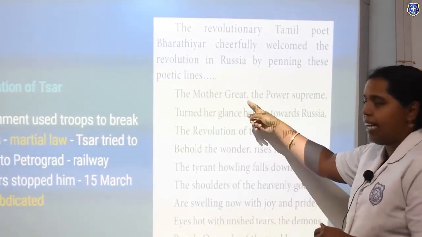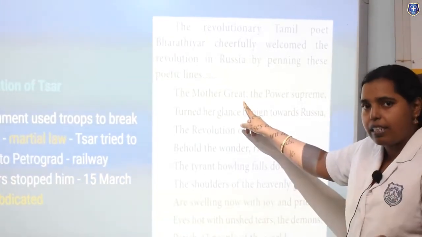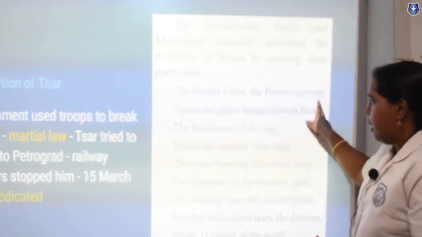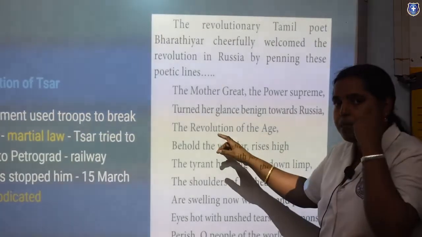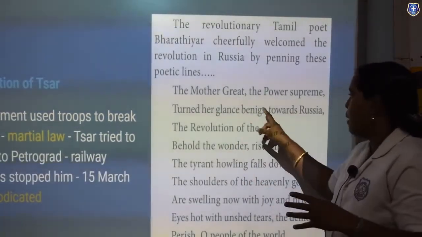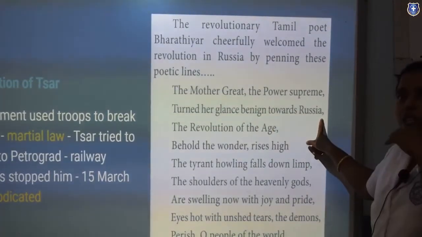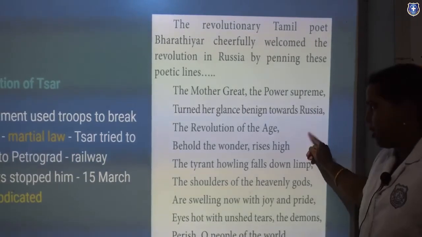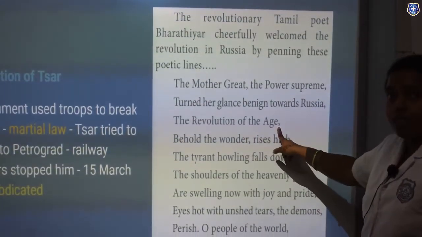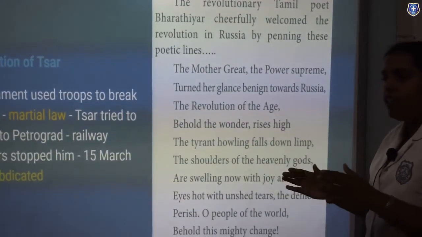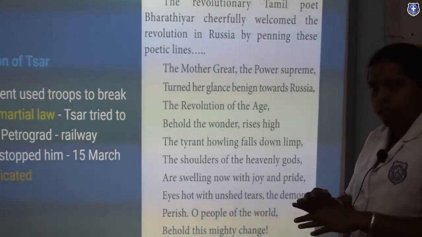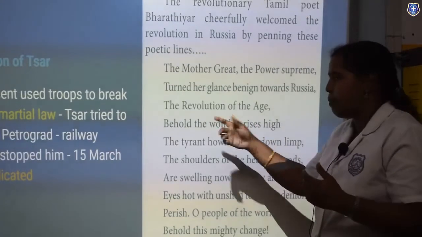So the mother great, like Tamil Nadu, like Bharata Mata, the power supreme, turned her glance, means her look, towards Russia. She has now her graceful time. She is doing something good for Russia. The revolution of the age, okay, because for a long time Russia was in a submissive situation, but it has been rising up now.